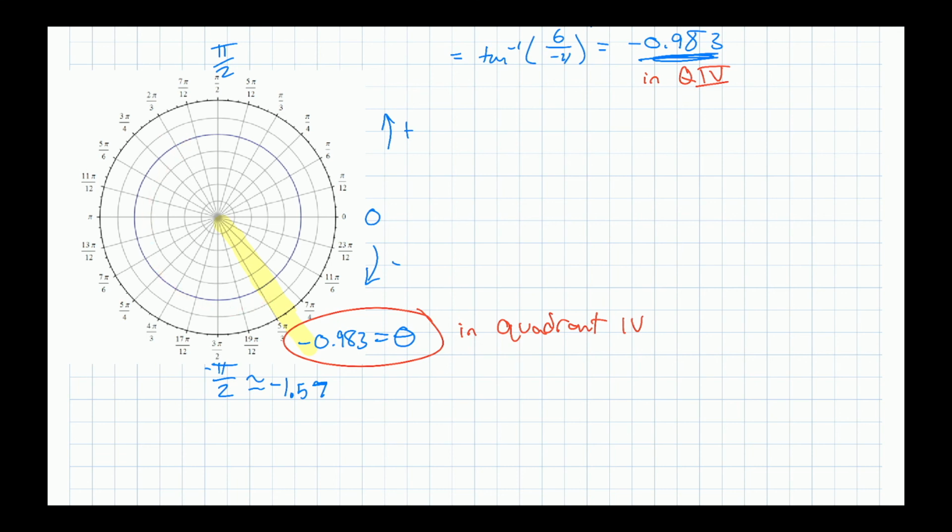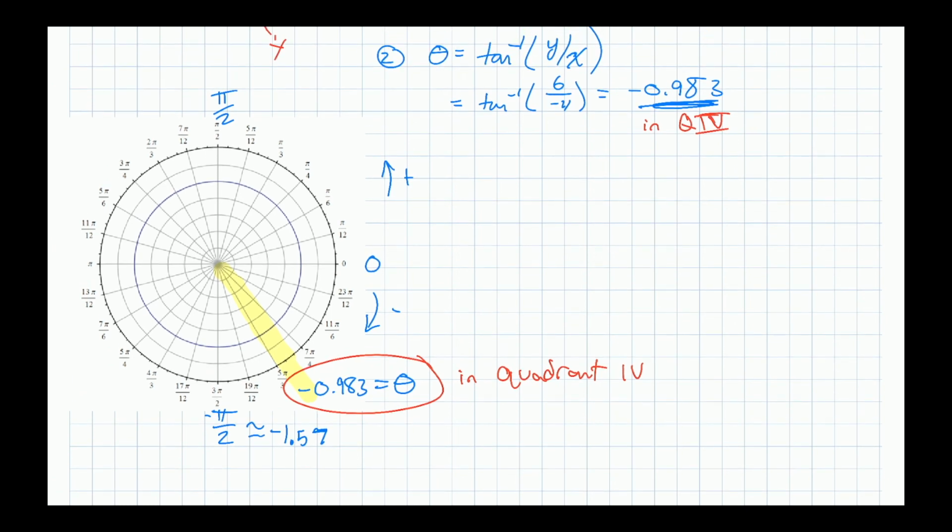The answer is you just need to add 180 degrees. To get from here to here, you just add 180 degrees. 180 degrees is pi. Since this is the wrong angle, in quadrant 4, but we need it in quadrant 2, you just add 180 degrees, which is pi, to move it.